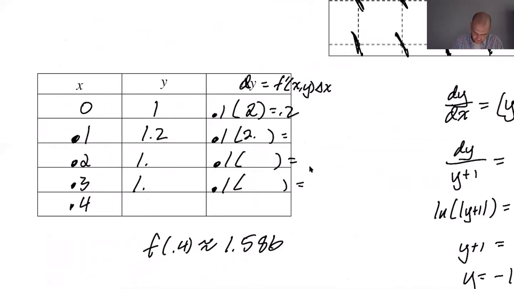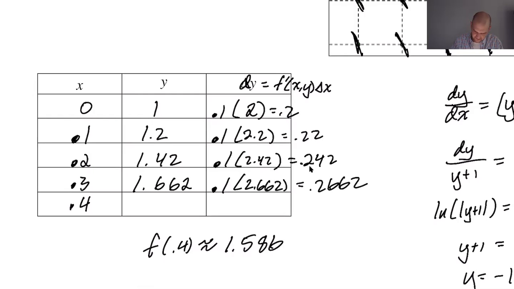So this should be 2.2 because you add, so it's 0.22, and then you add these and you get 1.42, and then 1.42. No, 2.42. Come on, brain. 2.42 becomes 0.242, and then 1.662. 2.662 is 0.2662.